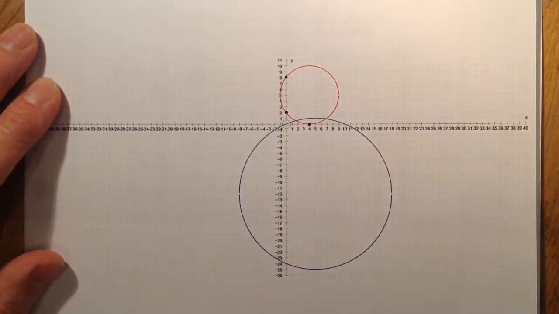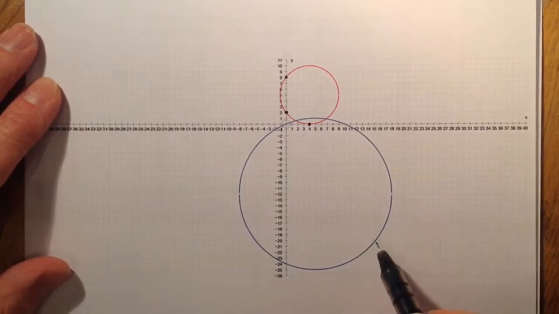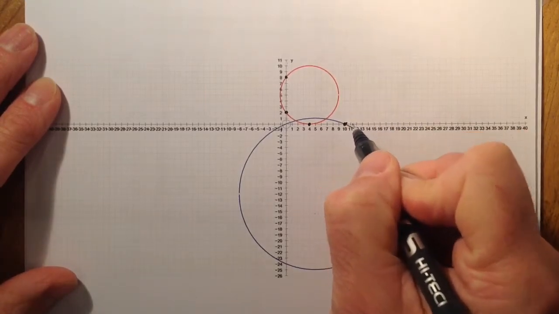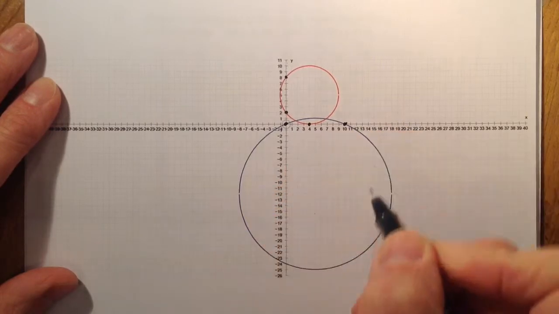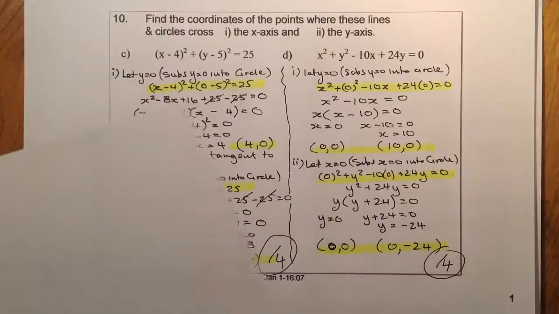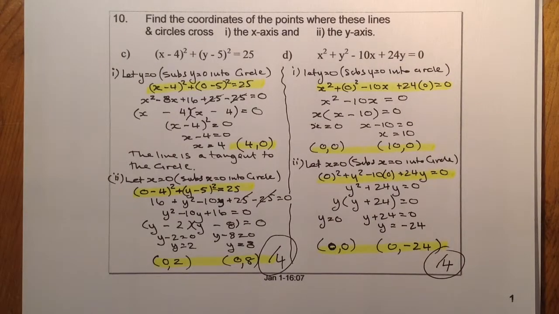The blue circle was the second part of the question, which was part D, and we got 10, 0, we got 0, 0, and we also got 0, minus 24. So that's really what we were looking at when we were trying to work out where the circle cuts through the axes. So hopefully this has helped you with question 10 and finding out how we work out where a circle or a line crosses over the x or y axis.